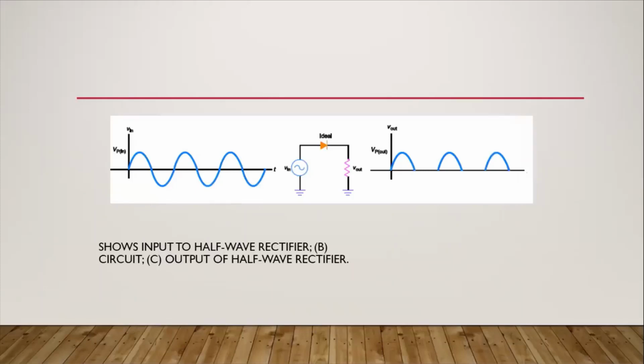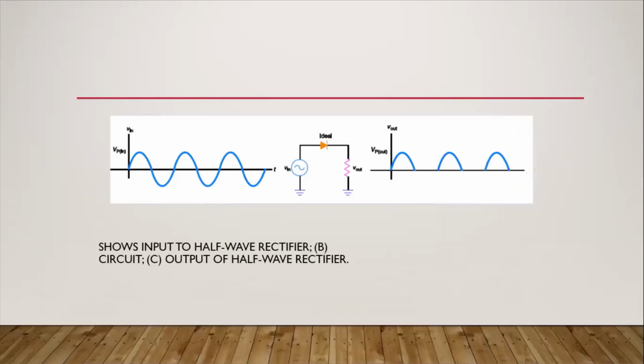Makikita natin sa left, meron tayong AC sinusoidal waveform. Yan yung voltage input. Then nakikita natin sa gitna, meron na tayong rectifier that will convert it to the output that is a half-wave rectified output.